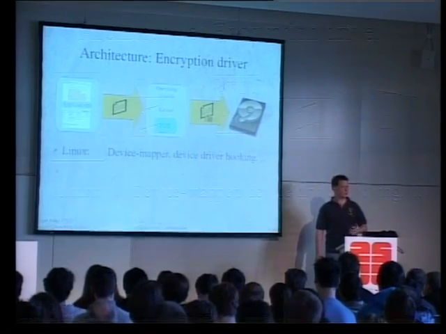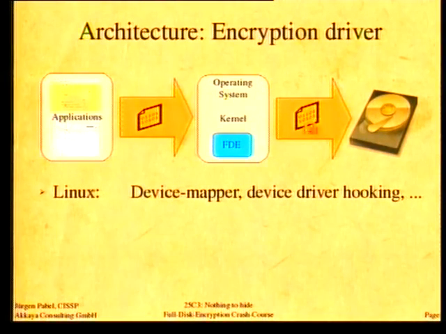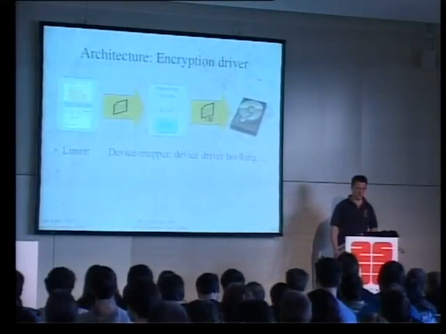One is the device mapper, which is an architectural solution. It essentially allows you to use a different device than your hard disk, and this device does nothing but encrypt the data and then pass it on to the real device driver.